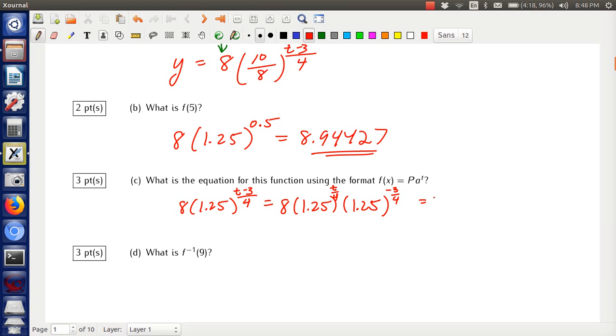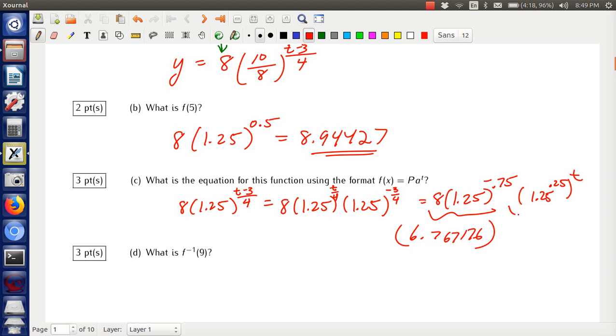Well, I'm going to rewrite this minus 0.75 just so it goes into my calculator more nicely. And then 1.25 to the power of 0.25 to the power of t. So here I unstacked the t in the 1/4 and put the 1/4 inside, and now this piece I stick into my calculator and I get 6.767176, and then this piece I stick into my calculator and get 1.05713.